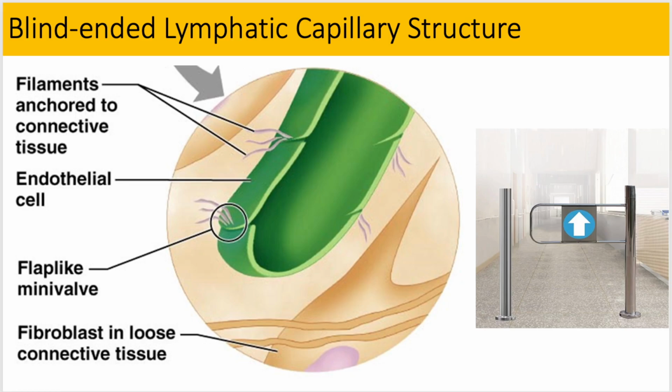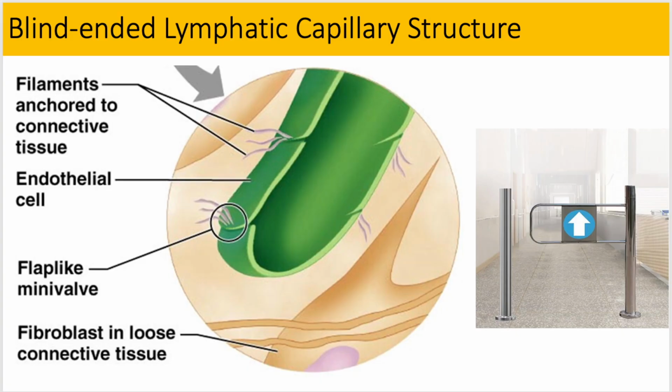And if we zoom in even closer, right to the end of a lymphatic capillary, this is what it looks like. Basically, it looks like a bunch of flaps. The way they describe these is they say they are blind-ended tubes. So the tubes have a dead end, basically. They're like little fingers hanging around the capillaries.